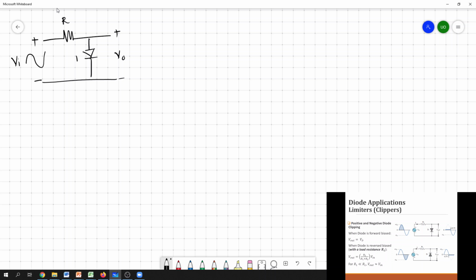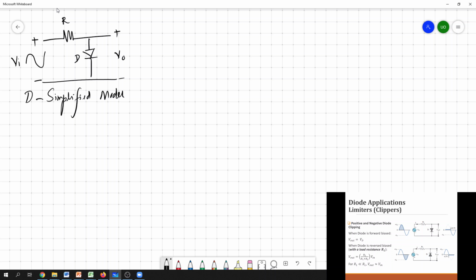R and a diode. So now the simplified model. So then we basically consider the barrier voltage also into account and we stick into the simplified diode model.